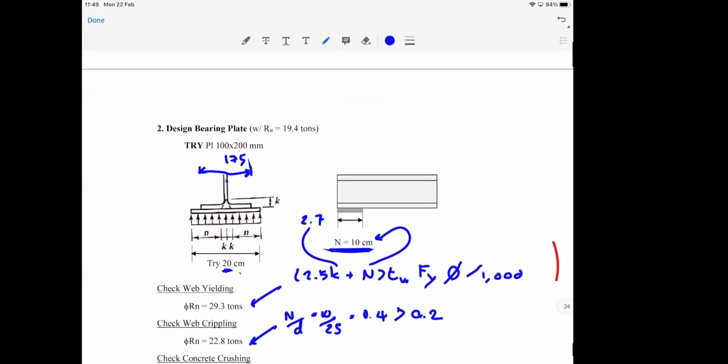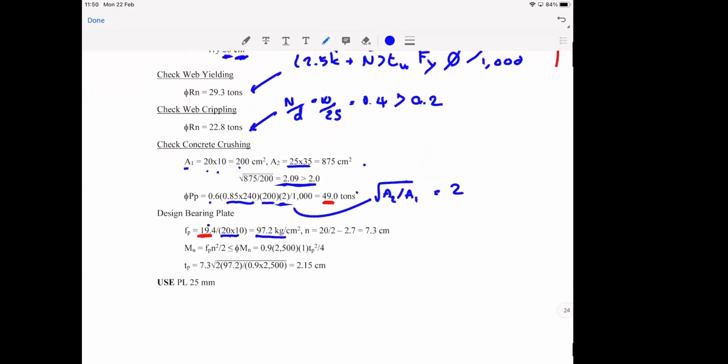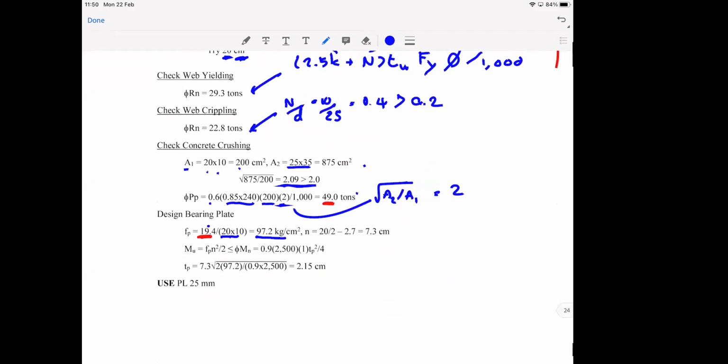If this is 20 centimeters wide right here, the end distance that I am going to use to calculate the moment on the plate will be half of this minus k, right? So it is where? Oh, here. Half of 20 is 20 divided by 2, and k, we sort of look at the table, it is equal to 27 millimeters or 2.7 centimeters. So your n is 7.3.